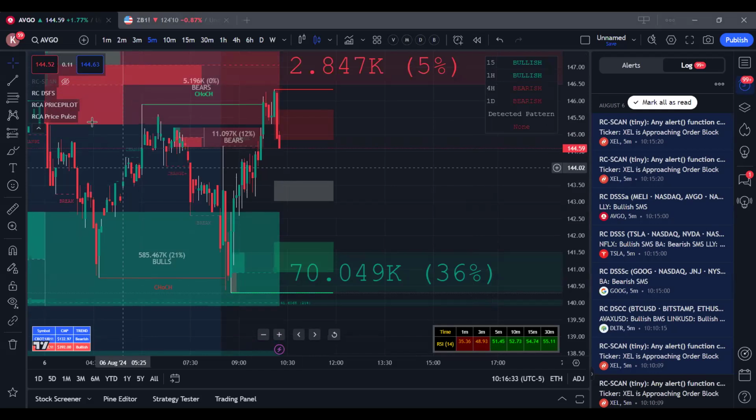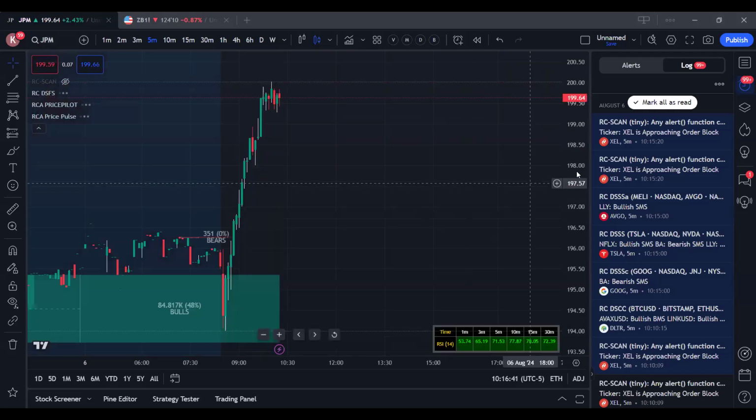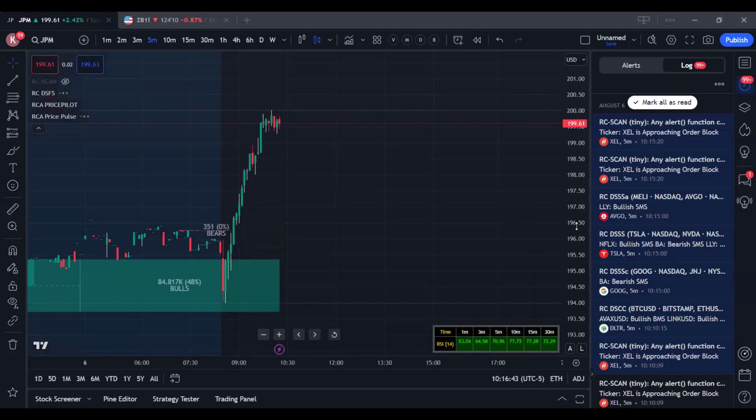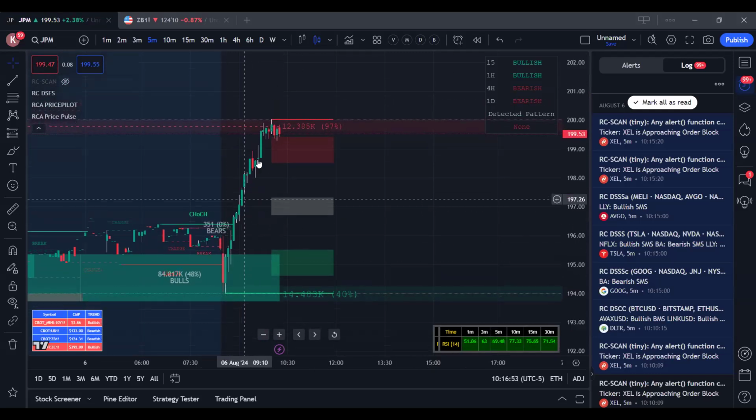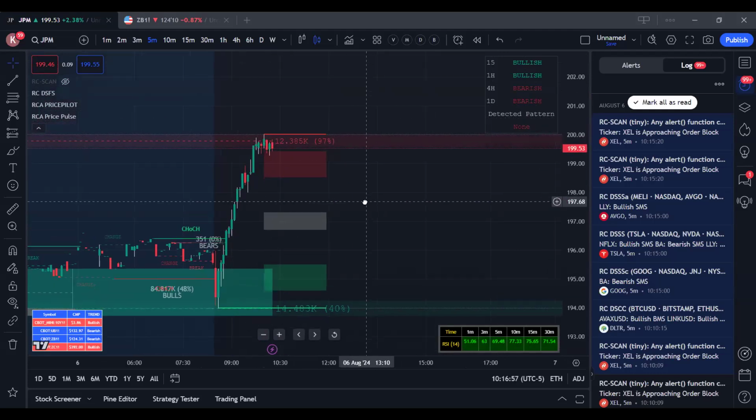JP Morgan. Yeah, JP Morgan is bullish, but it already touched the bottom at 845. It went all the way to the top. From $194, it went to $199. Now it is at a sell order block at a resistance.